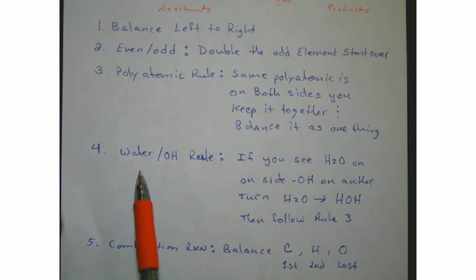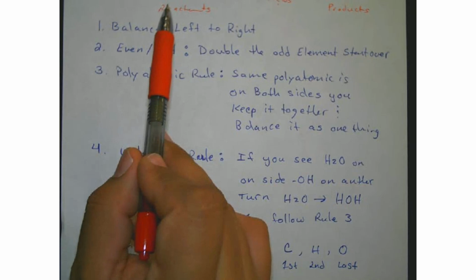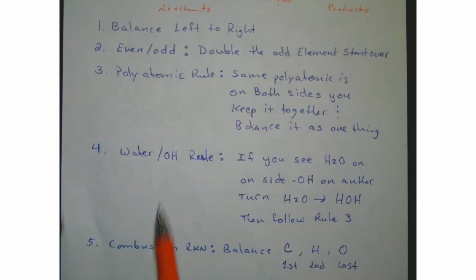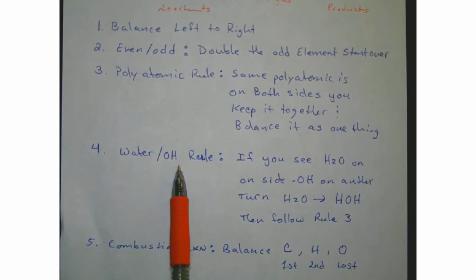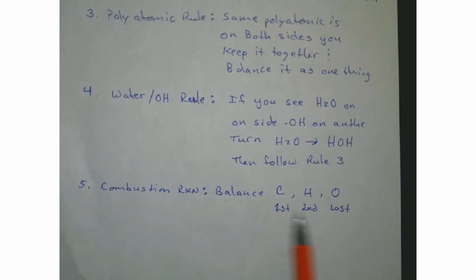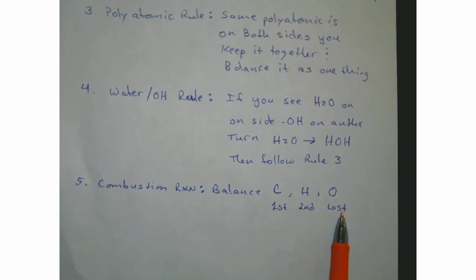Now it doesn't matter. Water can be on the reactant side or water can be on the product side, just as long as you have one or the other on opposite ends from each other. So you can have hydroxide on one side and water on the other. It doesn't matter. And finally, the last rule, the combustion reaction rule. If you have a combustion reaction, you're going to balance carbon first, hydrogen second, and oxygen last. So that's the combustion rule.